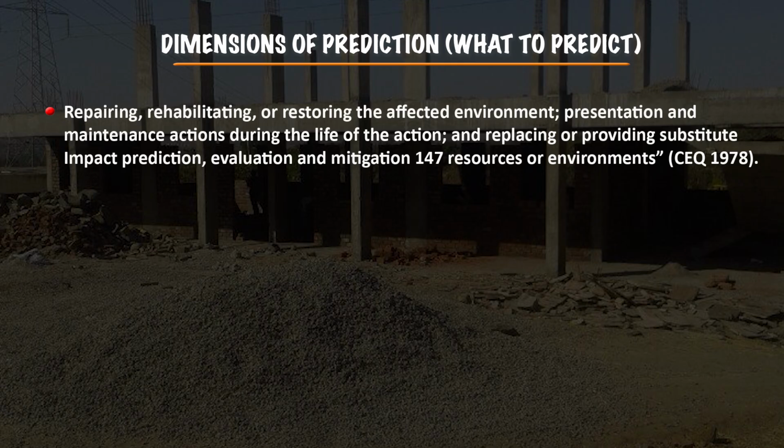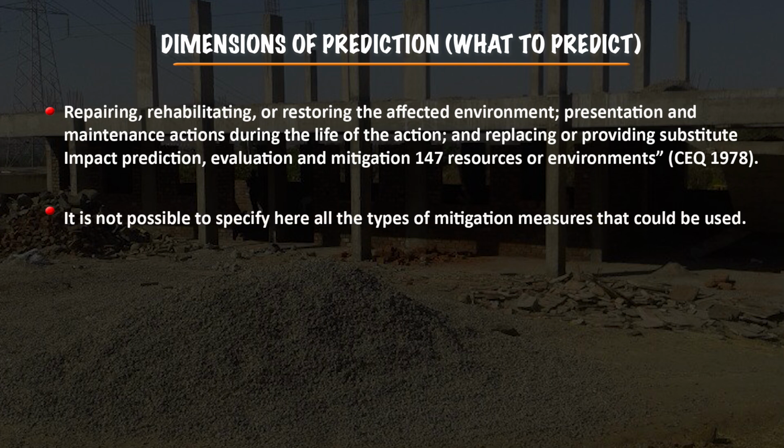So preservation and maintenance actions during the life of the action, and replacing or providing substitute impact prediction, evaluation and mitigation. So all these are some of the resources in the environment.